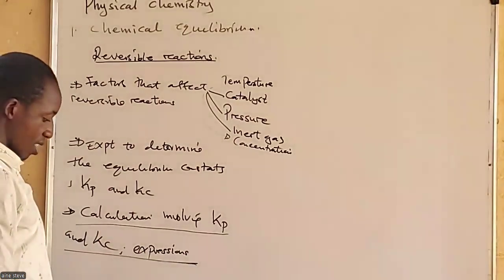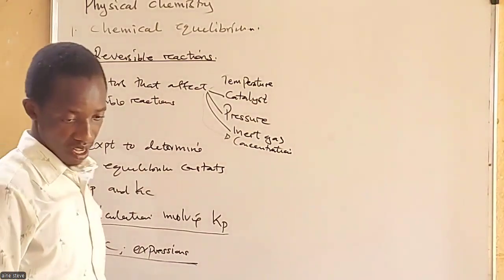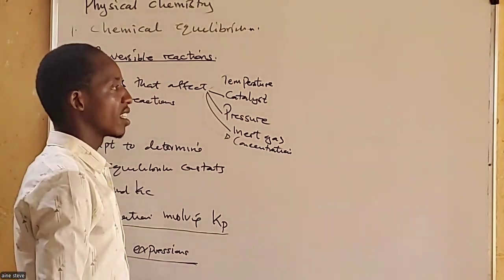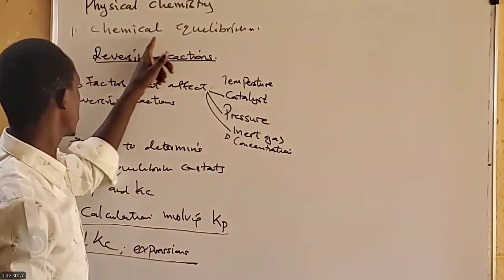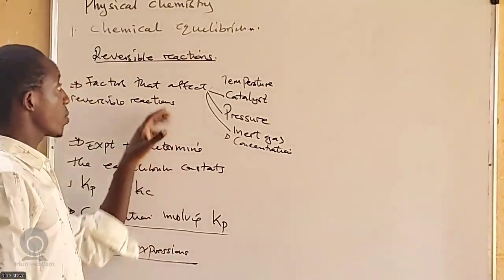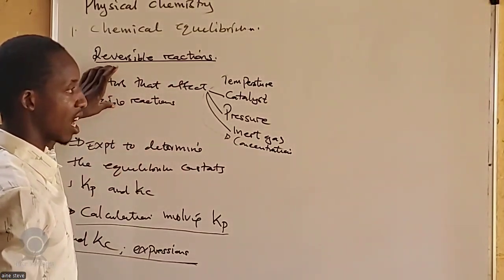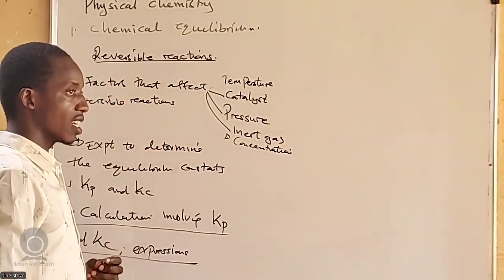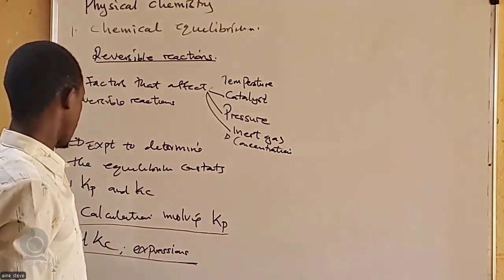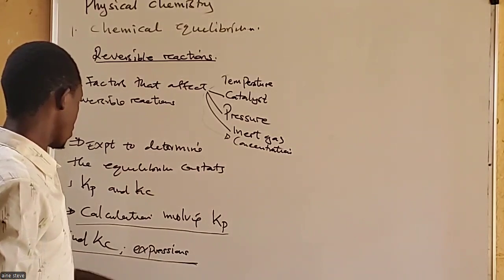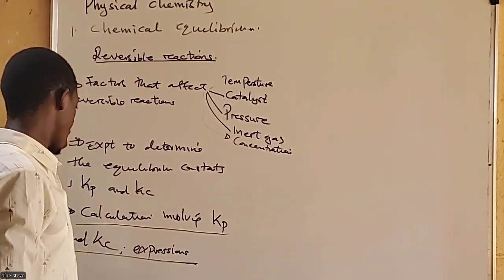And when we wind up with this session, you'll be able to answer some of the questions that are related to chemical equilibria. What is most important in this topic is you need to know the factors and how the factors affect a reversible reaction. And then you should know the experiment to determine the equilibrium constant Kc and Kp.